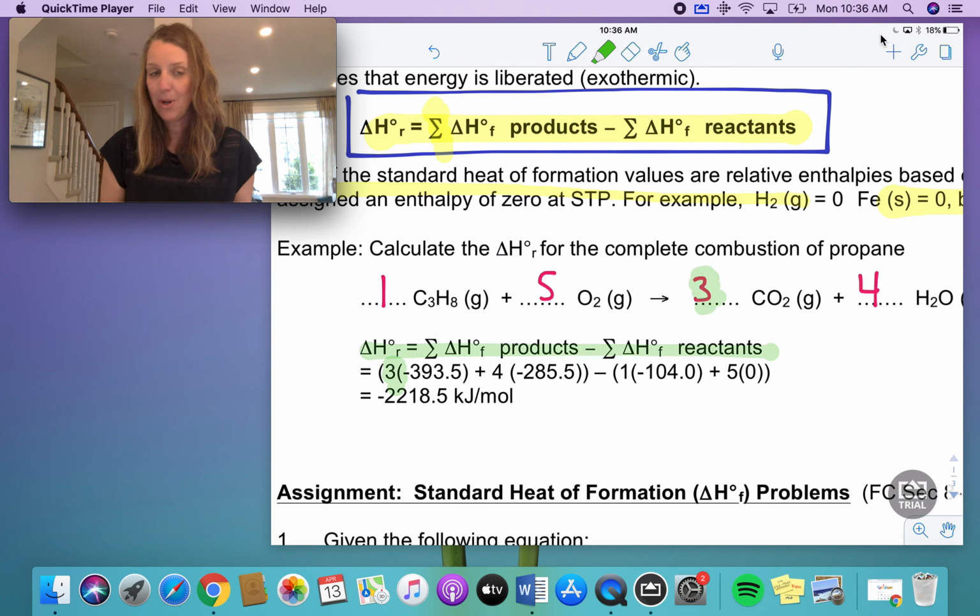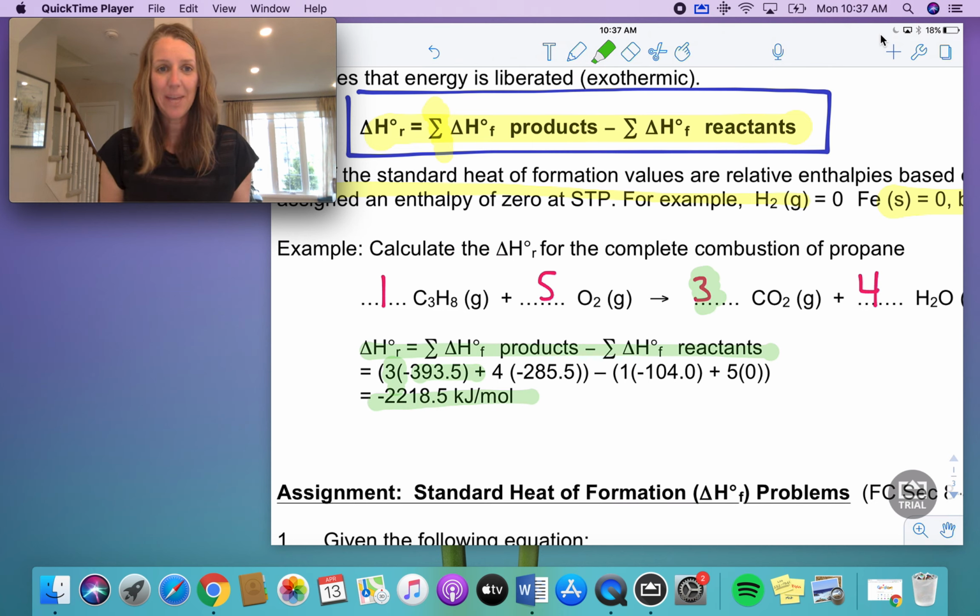Okay, so you're going to multiply the standard heat of formation of carbon dioxide that you take from the table, multiply that by 3, get the overall sum of the products, subtract the overall sum of the reactants, and you're going to end up with a final answer of negative 2,218.5 kilojoules per mole.